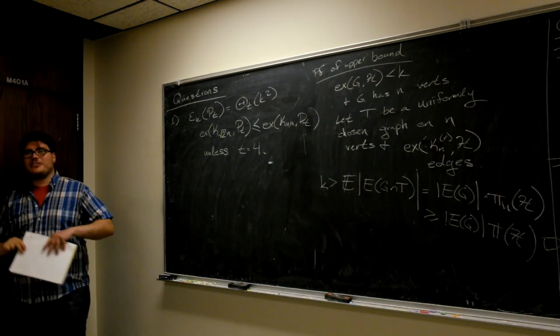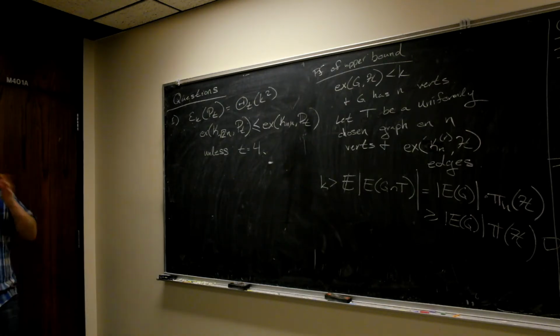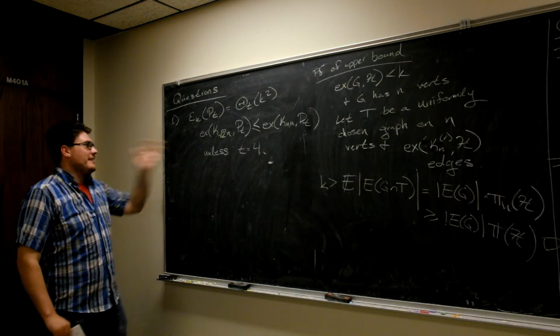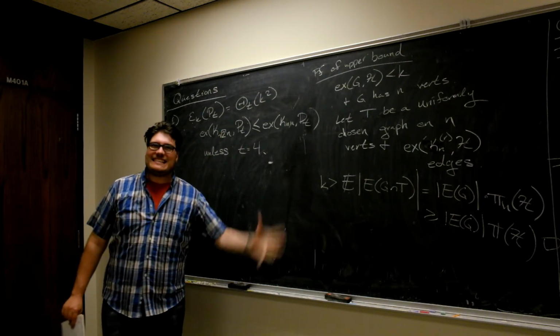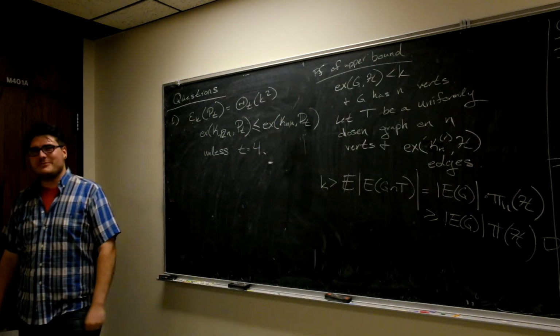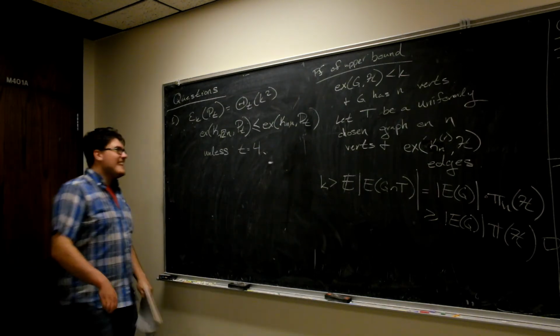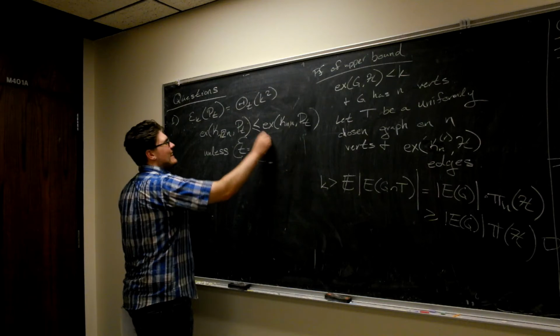It's a weird thing. We know both of these extremal numbers exactly. So the clique is better than the complete bipartite graph for any T except for 4, when the bipartite graph suddenly becomes better. So I think this is the most interesting case.